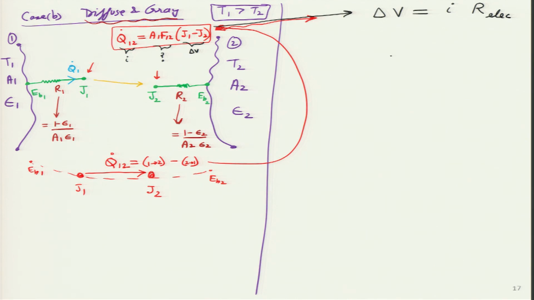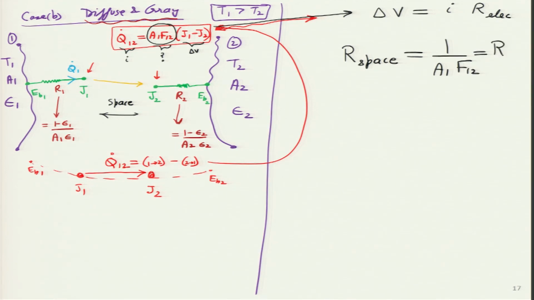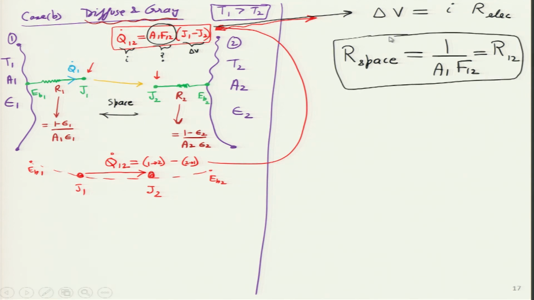And that resistance, because it is inside the space, not on the surface, there is this big space over here, that is why we will call it the space resistance, and this will turn out to be just the inverse of this quantity over here. So, it will be the inverse of A1 F12, and the formal name for this is space resistance, denoted as R12.